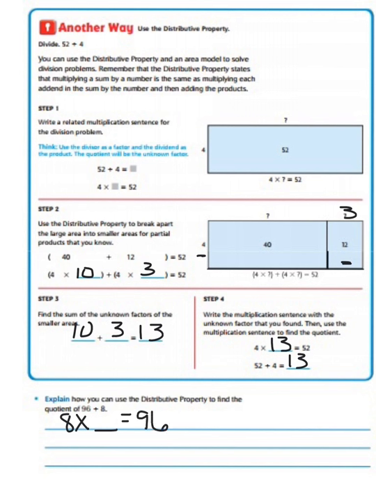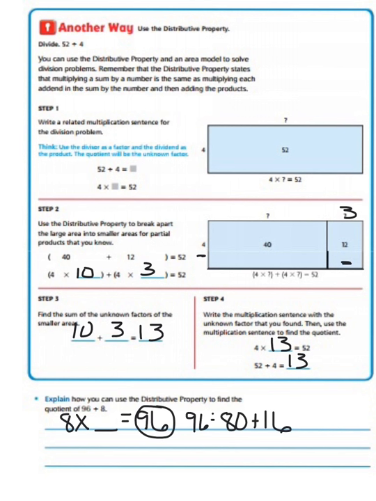Then we can use the distributive property to break apart the product. The product is the answer to a multiplication. So if we do that, we know that 96 equals 80 plus 16.